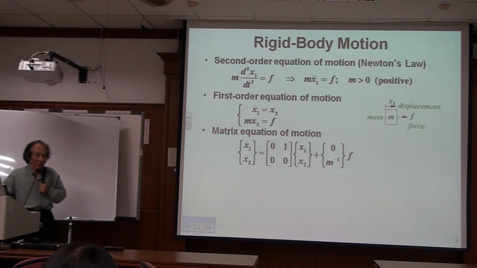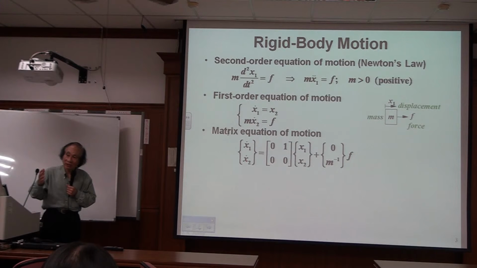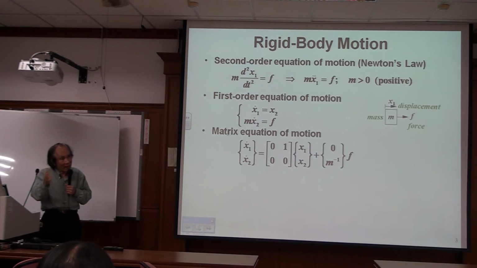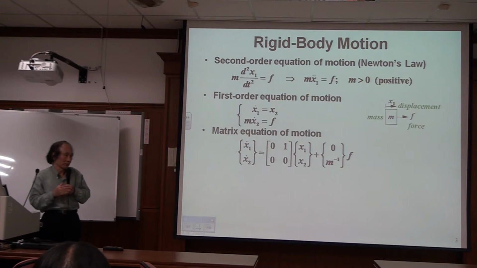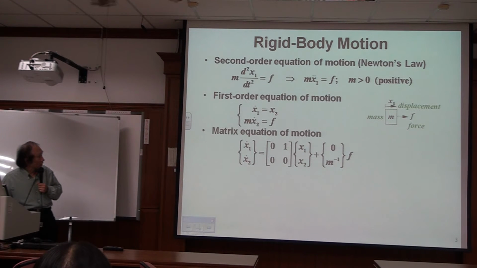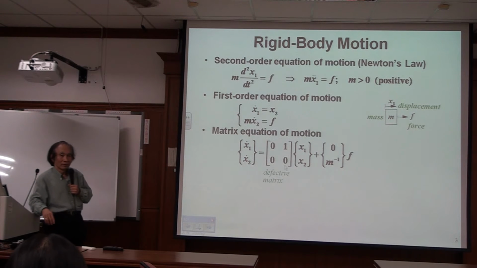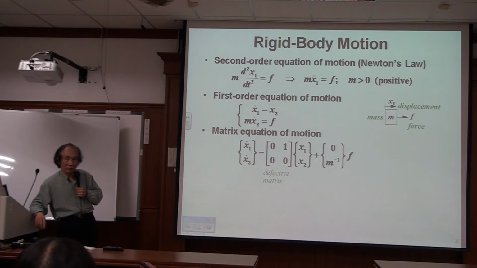And just don't look at this. You can just look at the math, but you have to look at what it means. Analysis goes on in these matrix equations. All right? This is called a defective matrix. 0, 1, 0, 0. What do you mean, defective matrix?